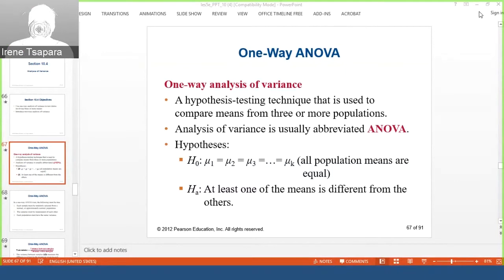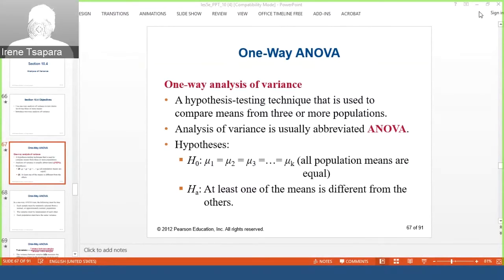Now, by looking at the hypotheses themselves and how we set them up, we can see one thing that I want to make sure that we understand. The claim will be either that all the means of all the populations that we consider are equal, or at least one of them is different.